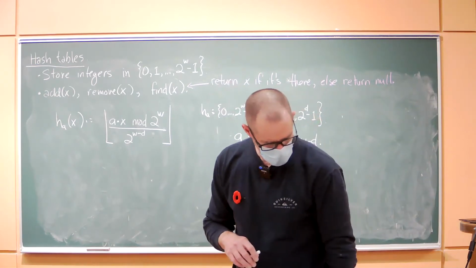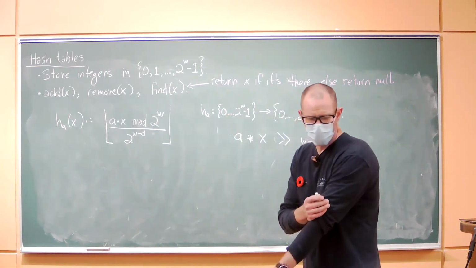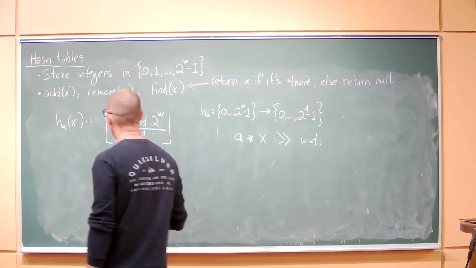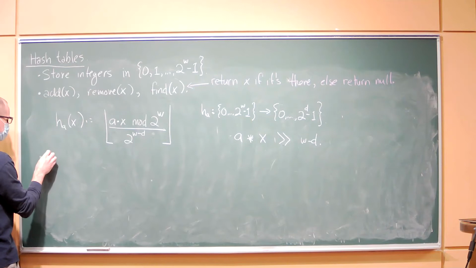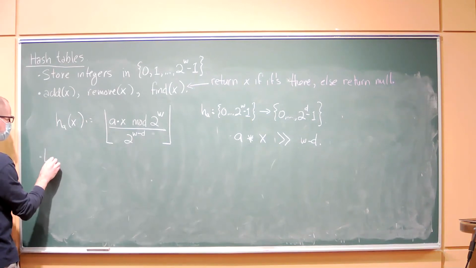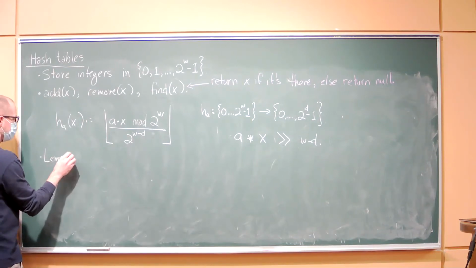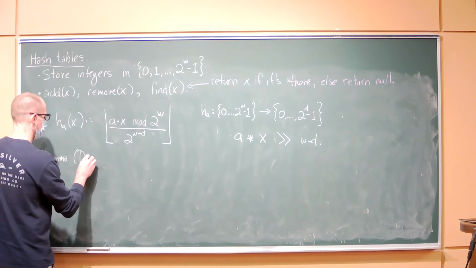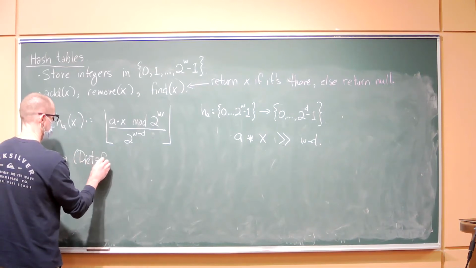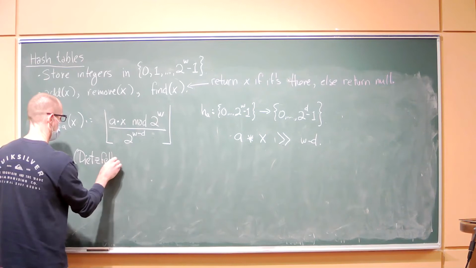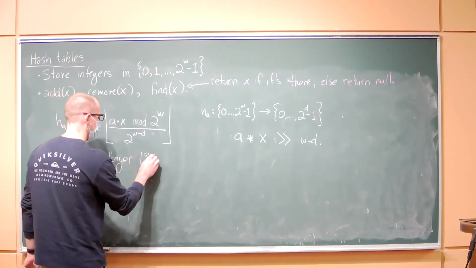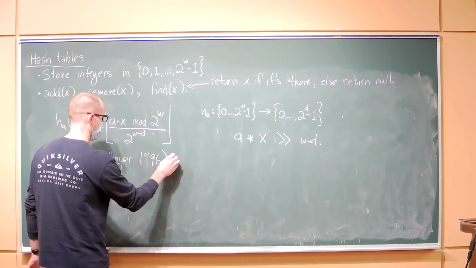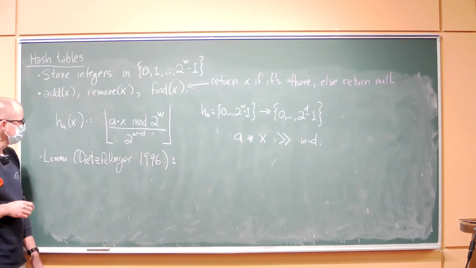All right, why am I interested in this function in particular? Well, that's because there's a theorem or a lemma about these things that's due to somebody who works a lot on hashing, Martin Dietzfelbinger. And it's buried inside a more complicated paper, I think from 1996.